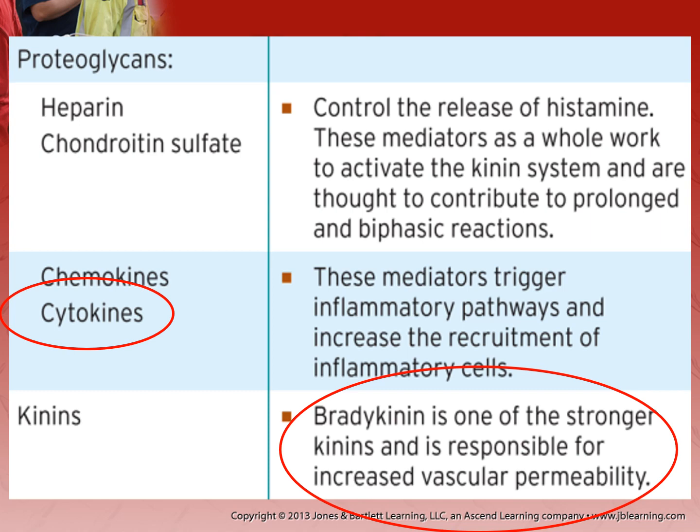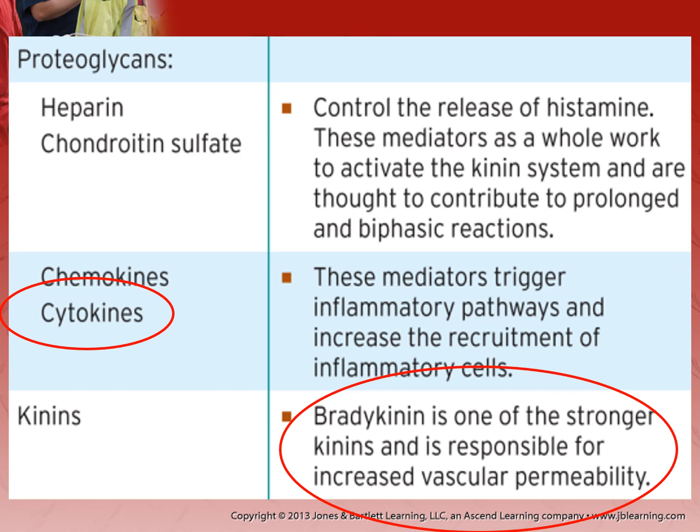We all know what heparin does there. And then cytokines, these mediators trigger inflammatory pathways and increase the recruitment of more inflammatory cells. And then from the kinins, we have bradykinin, one of the strongest kinins, responsible for increased vascular permeability. It's going to hang around longer.